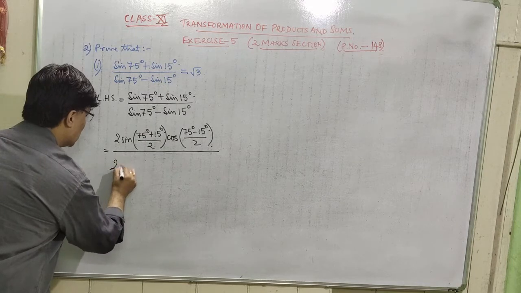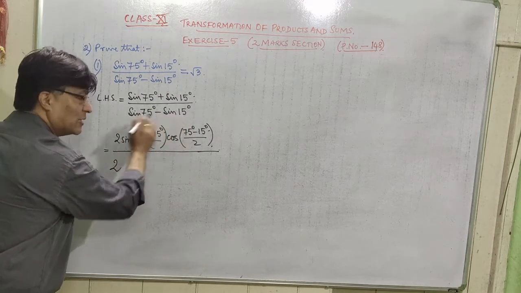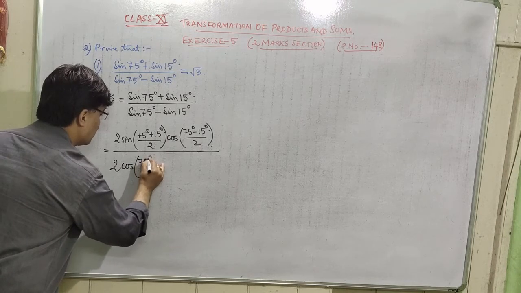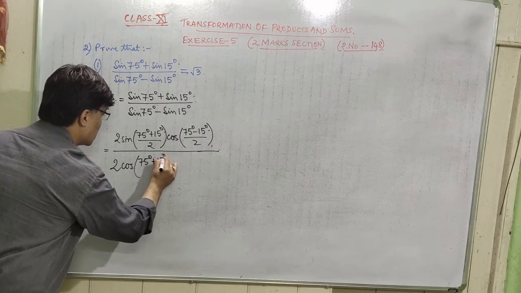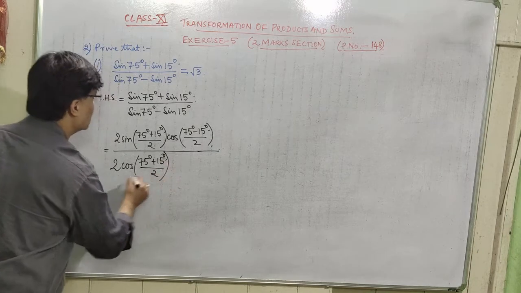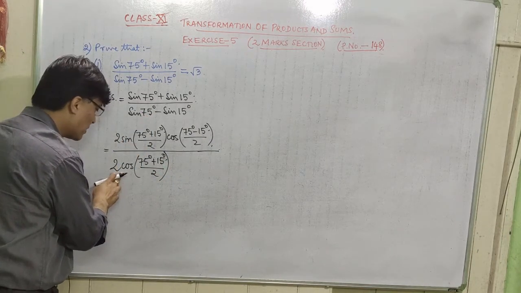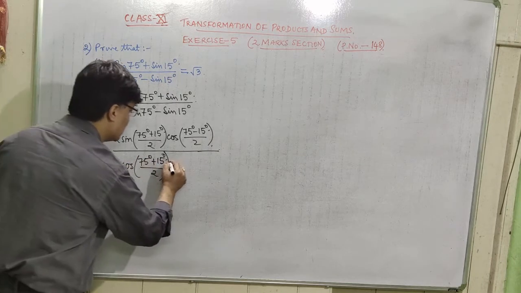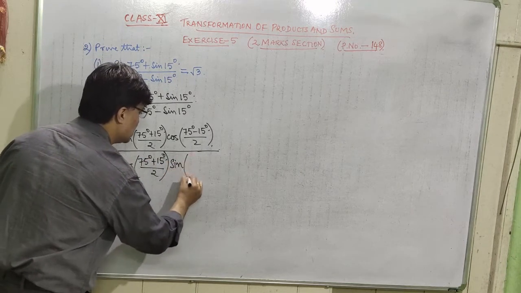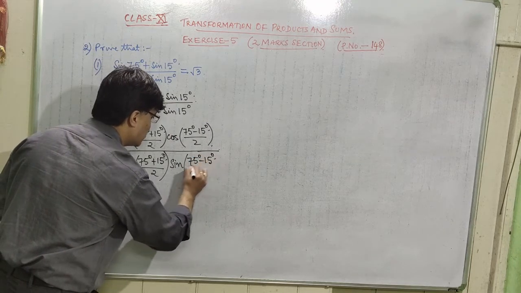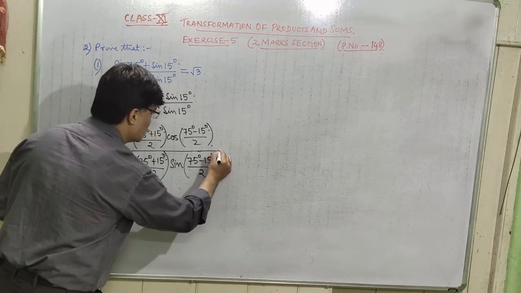Next, what is sine C minus sine D? It is 2 cos C plus D by 2. If it is minus, then you should write cos first: 2 cos C plus D by 2, then sine of C minus D by 2, that is 75 degree minus 15 degree divided by 2.